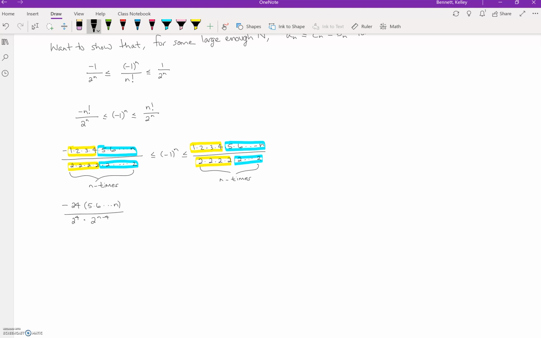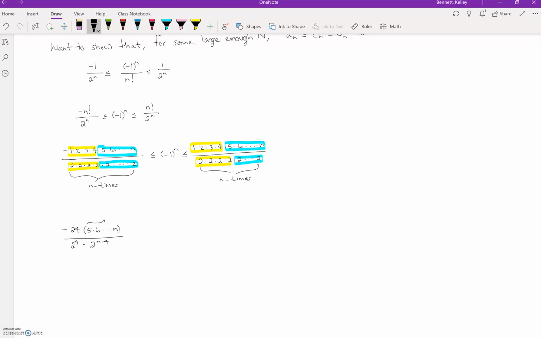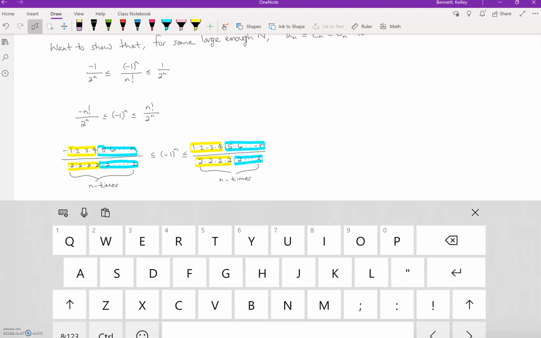And the thing to notice on the top, actually, maybe I'll move this down a notch, is that there are n minus 4 terms here, right? So I have the first 4 and then the n minus 4 for a total of n terms. And I'm going to do the same thing on the right-hand side as well, except that it's just positive, which is really the only difference here.